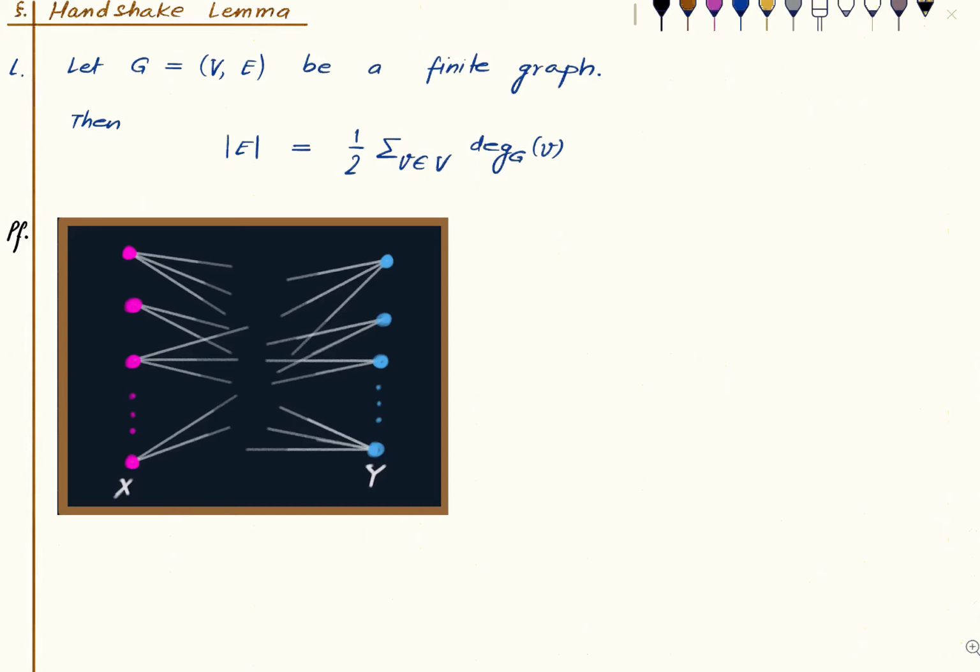So we will develop a new graph. We were given a graph. This was not bipartite or anything. This was just a graph. What we will do is develop a new graph. So on the left side, we will put all the vertices of the graph G. So let's say, just for convenience, the vertex set is V1 up to Vn.